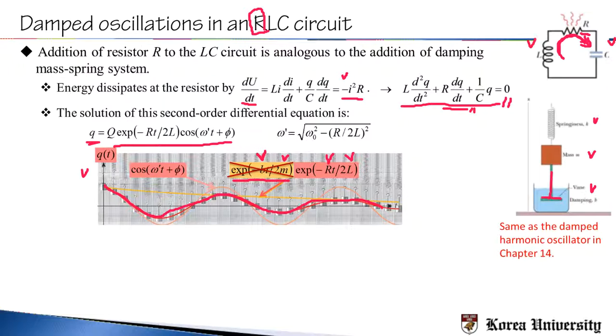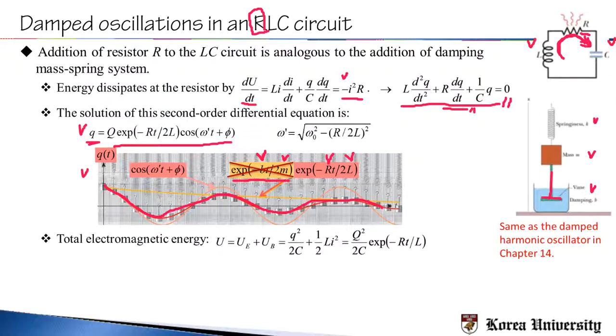Okay, and we can also see how the total energy is decreasing by putting this charge into the equation for the total energy, and then what you get is this. This is the same constant we had before, but now it is multiplied by exponential of minus Rt divided by L. This factor 2 disappeared in the energy because we have the Q square.